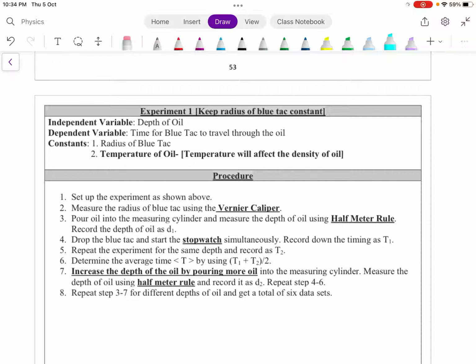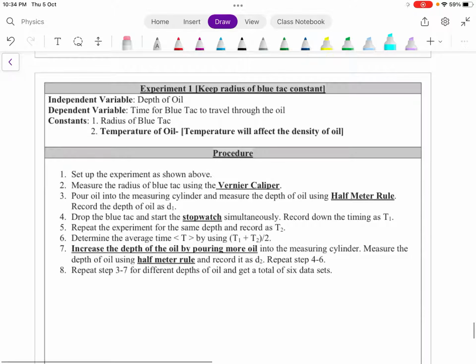This is a very clear indication that the temperature of the oil will affect the so-called viscosity of the oil, or what we call the density of the oil. So these are the two control variables. If you have more, feel free to write them down, but minimally you must write two control variables. Okay, so now let's continue on.